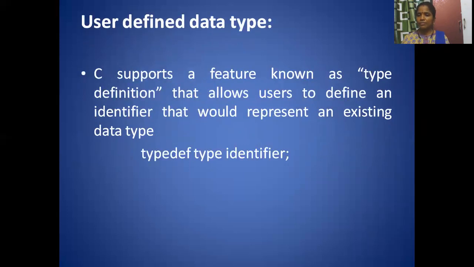User-defined data type. So it says it's a new thing. We write for our own self. So here we have two things. One is type definition. So this means it is aliasing of already existing data type. Integer is already there.